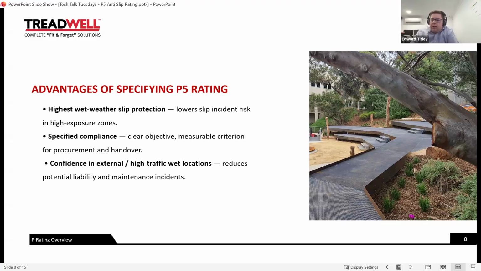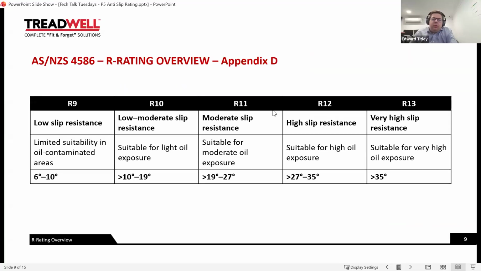But as I said, our general advice would be go as high as possible. You can't really have something that's too slip resistant, in my opinion. Much better off going to the top and knowing that the risk of someone slipping is as little as possible, rather than doing something that's a bit lower and perhaps having some concerns.